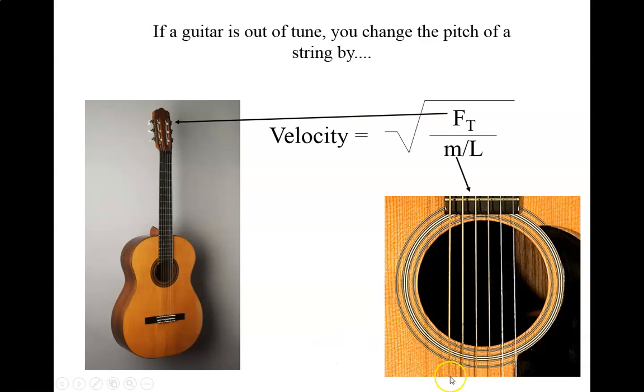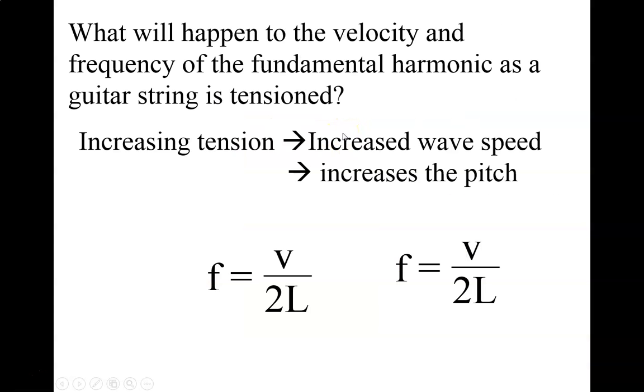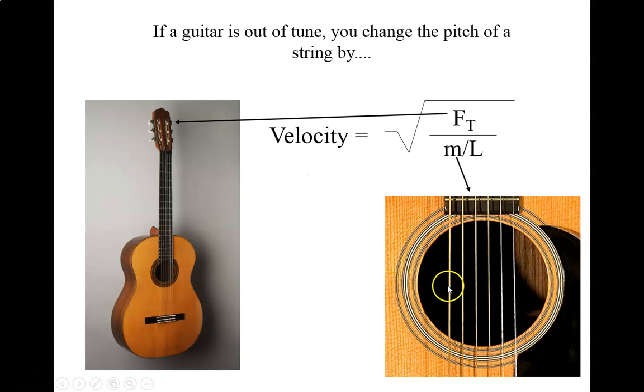So as you get to the left side here, you got these strings that are metal wrapped to increase their mass. So as you increase the mass per unit length, you decrease the wave velocity. And going back to our previous relationship, if you decrease the wave velocity, you decrease the frequency. So these heavier strings are lower pitched.